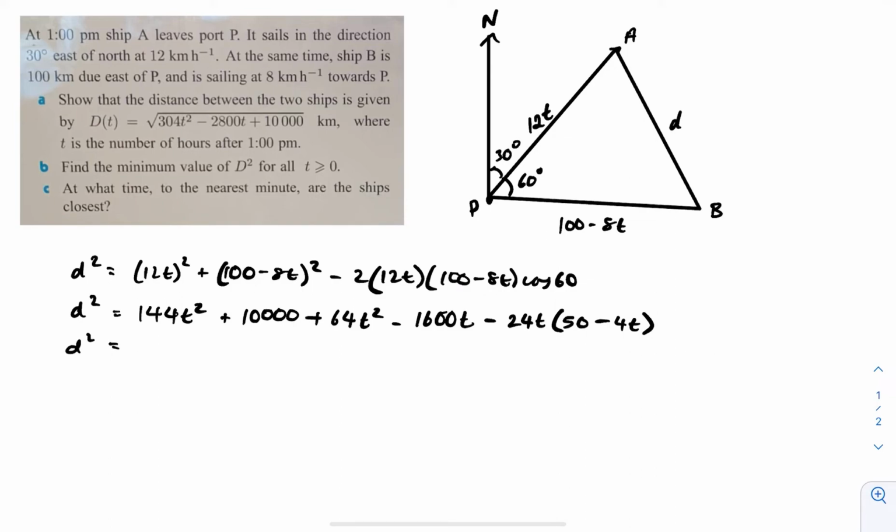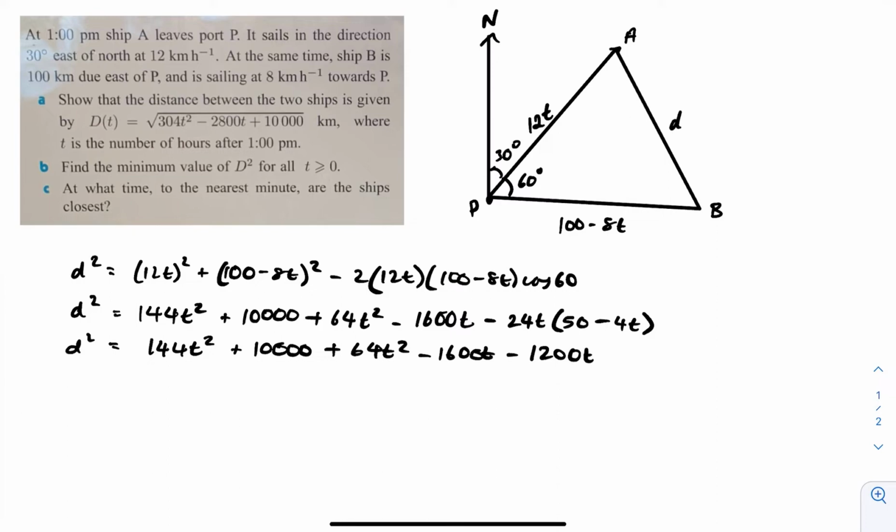So d squared is equal to 144t squared plus 10,000 plus 64t squared minus 1,600t minus 24 times 50 is 1,200, so 1,200t. And then 24 times 4 is 96, so plus 96t squared.